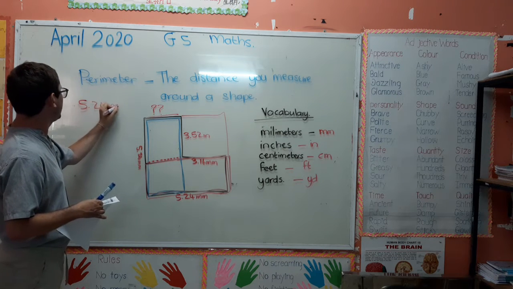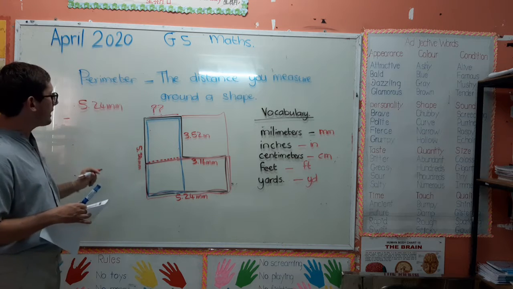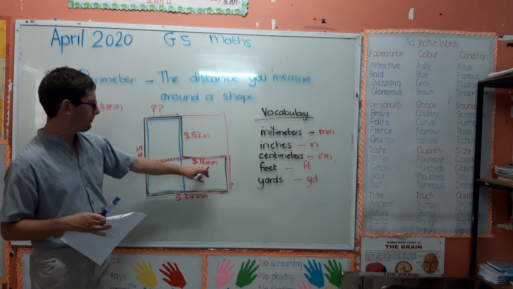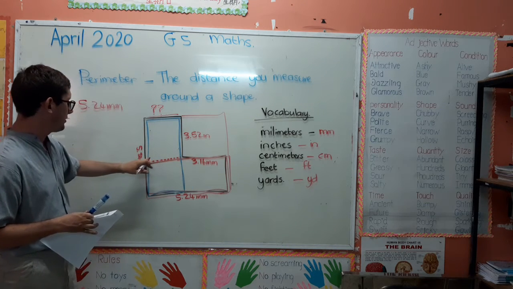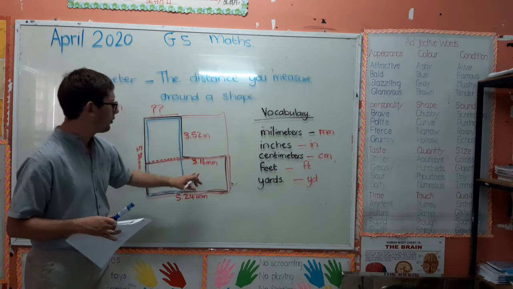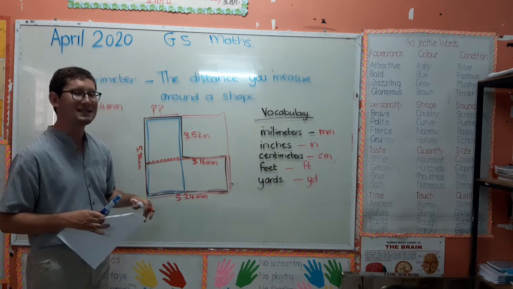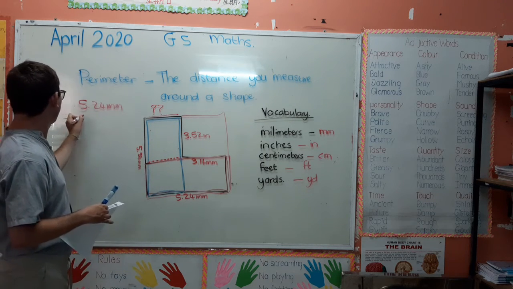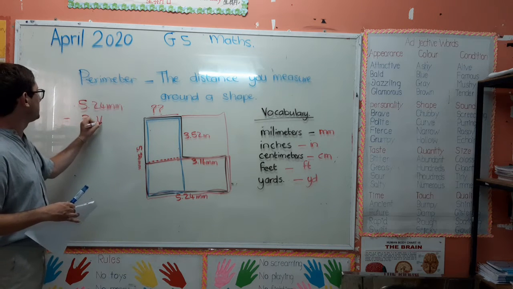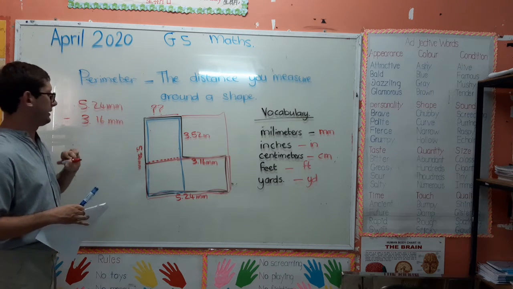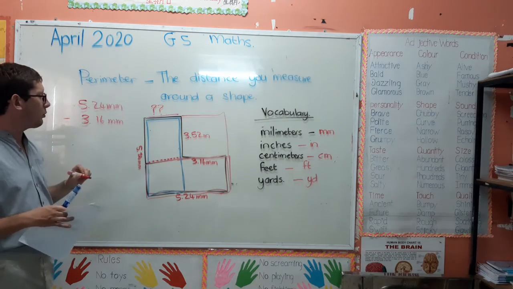Then we minus, because remember, if we think about this rectangle, we minus 3.16 millimeters, okay? So that's how we work it out.